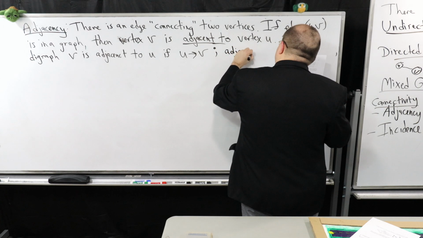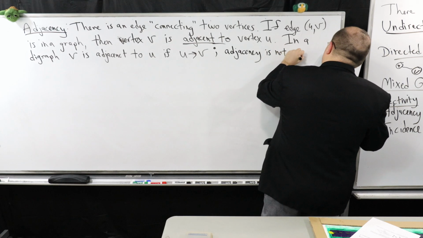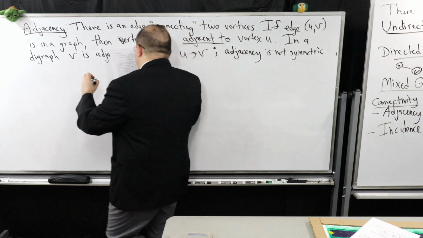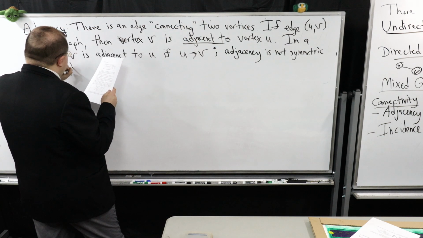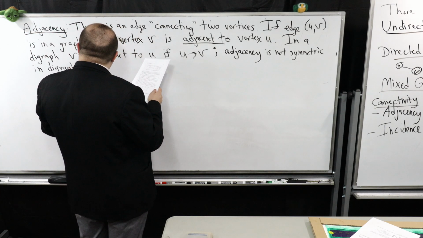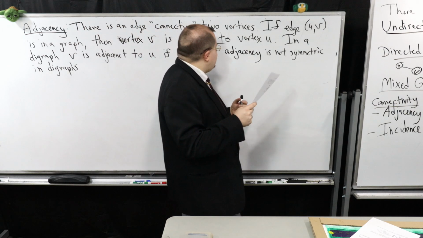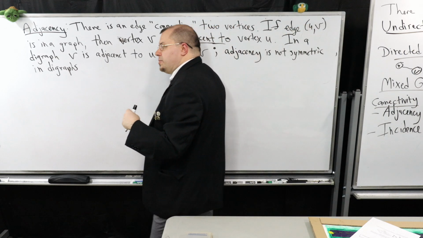So I'll say adjacency is not symmetric in digraphs. What does that mean? That means that I would need an edge. Instead of it being from U to V, it has to be from V to U to say the other way around, right?